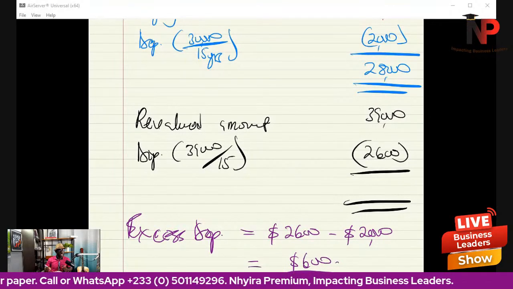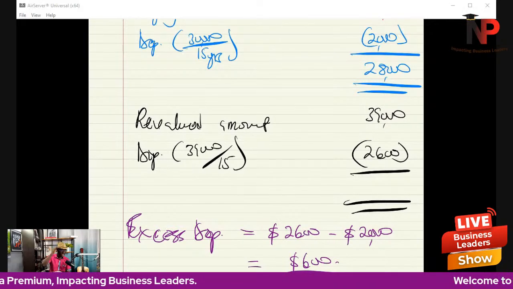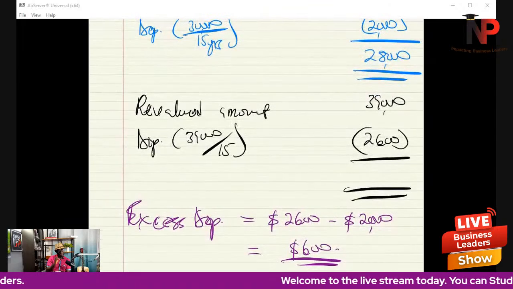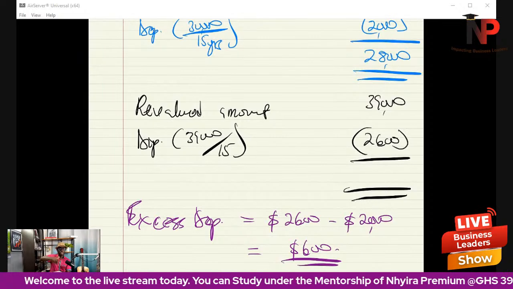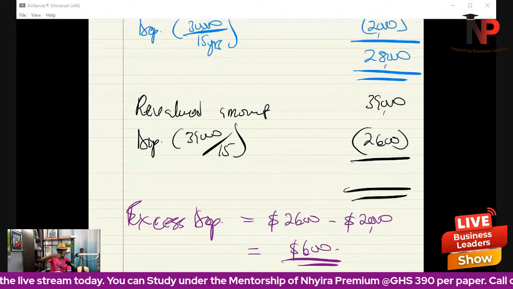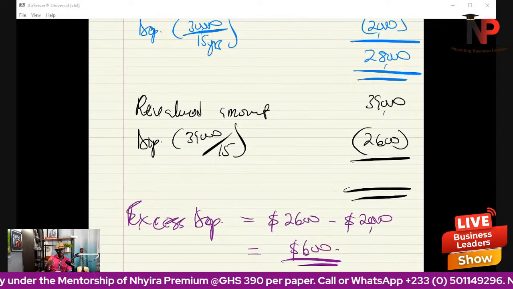What does that mean? It means that profit for the year has been reduced, because depreciation is an expense. So expenses have been increased by 600, which means profit for the year has reduced by 600. It means our retained earnings, which is where dividends are paid from for shareholders, has also reduced by 600.